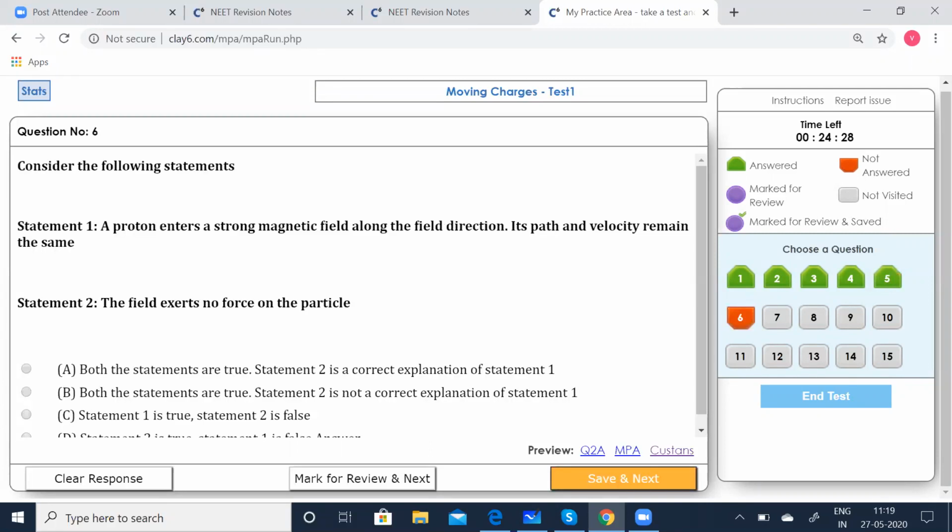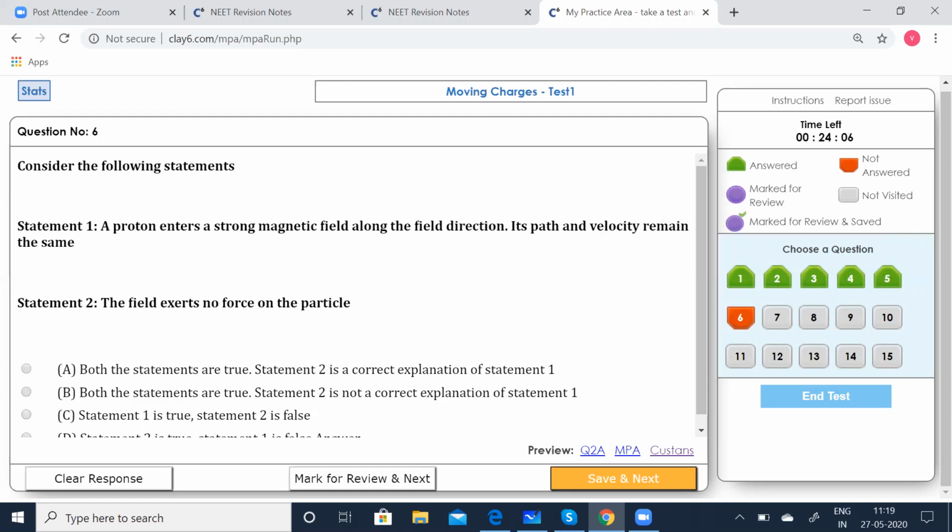Again, a concept related problem. Consider the following statements. Statement 1, a proton enters a strong magnetic field along the field direction. Its path and velocity remain the same. Statement 2 says the field exerts no force on the particle. Look at the statement, children.